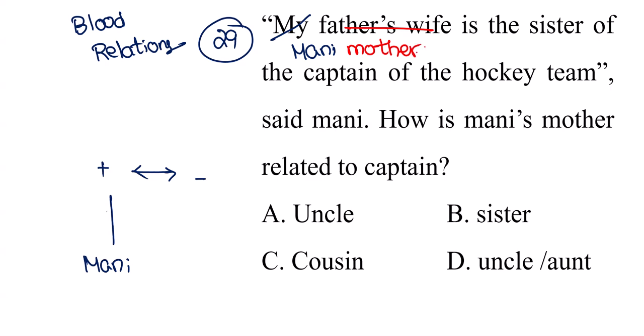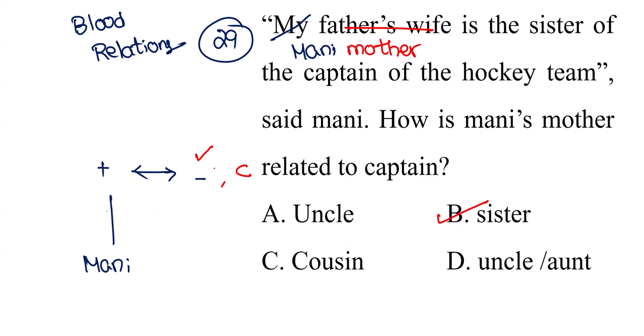Money's mother is the sister of the captain of the hockey team. So for the hockey team captain, Money's mother is the sister. Now the question: how is Money's mother related to the captain? It is nothing but sister. The question is not how Money is related to that person.